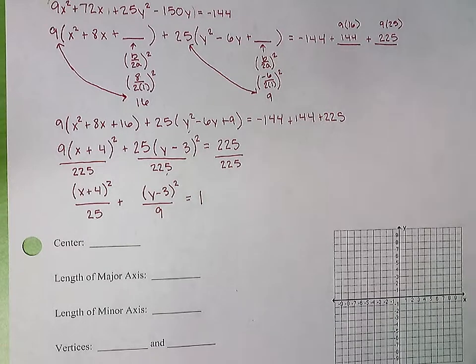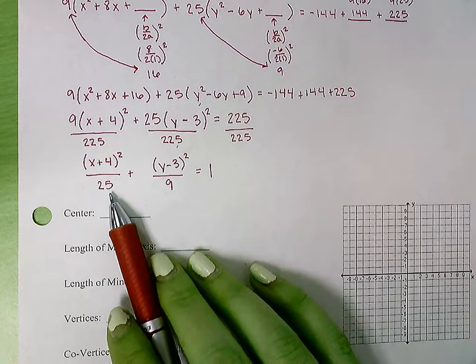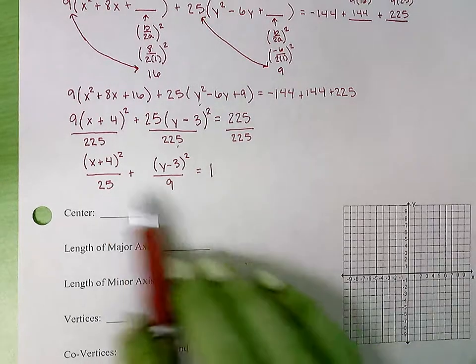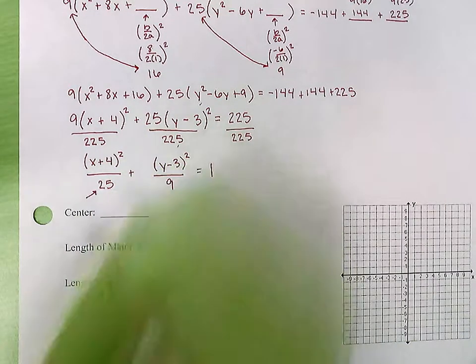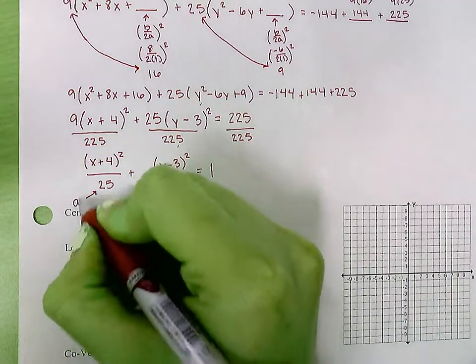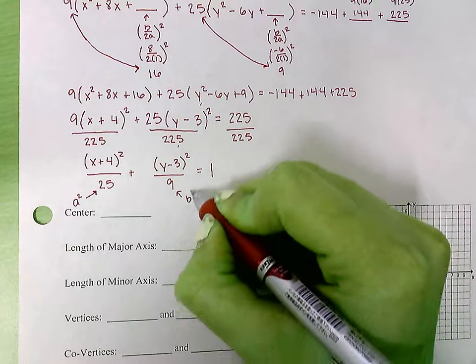So from here, we are able to pick out that information in order to graph this ellipse, just like we did yesterday. My first step is to look at my denominators and see which one is greater. This one is greater. That is your a squared value, meaning this is b squared.